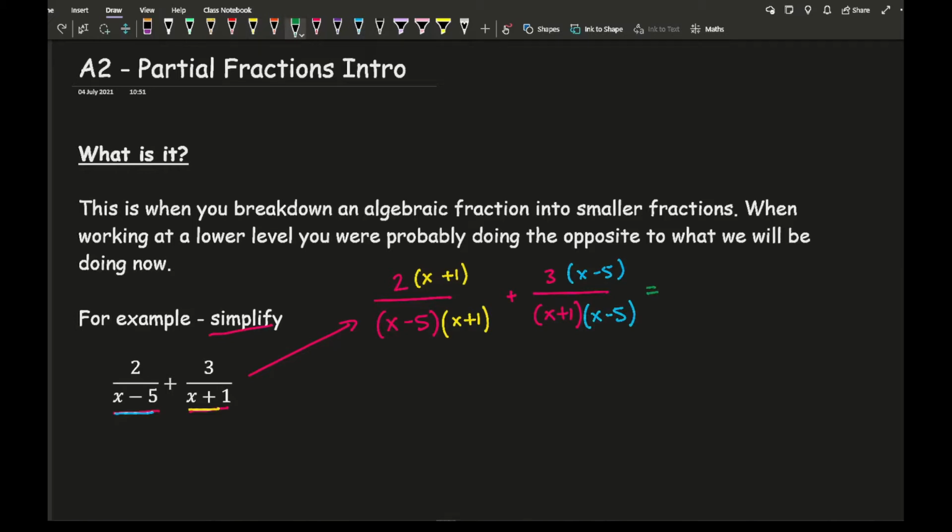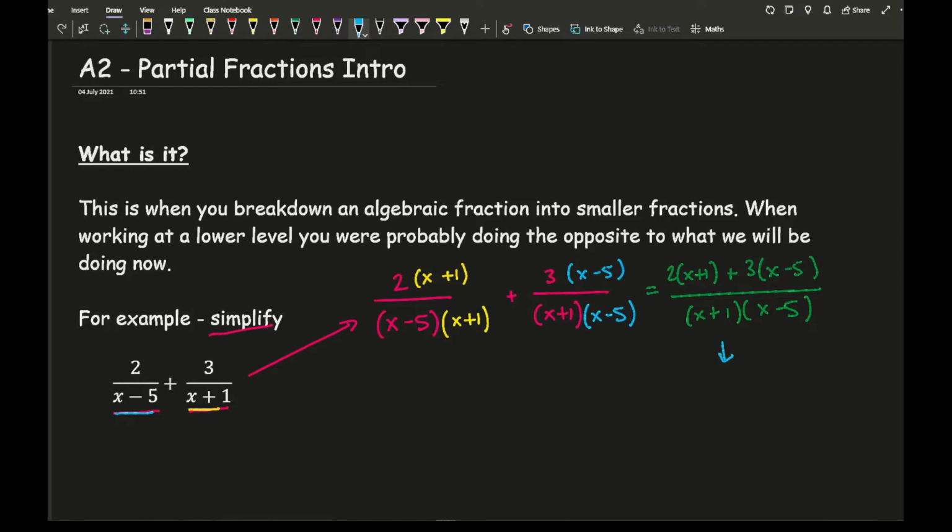So what I've got is 2x plus 1 plus 3x minus 5, and that's all. Because I've got a common denominator, I can just write it over x plus 1 and x minus 5. Now from this, typically what you would then do is expand the numerator.